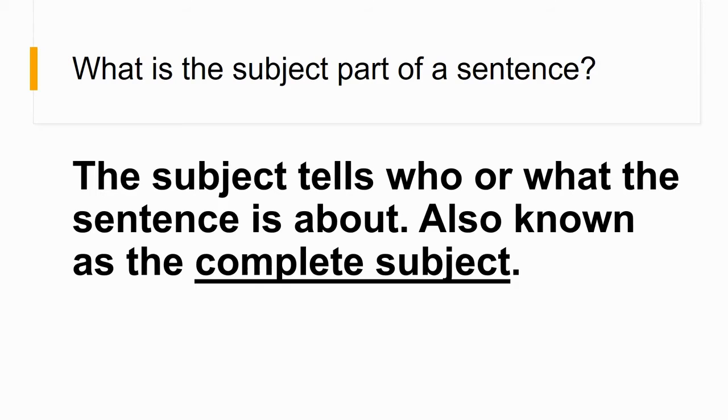The subject part is also known as the complete subject. So sometimes you may hear underline the subject or underline the complete subject. It's the same thing. Let's see if we can find the subject part of the sentence. Don't forget, it tells who or what the sentence is about.